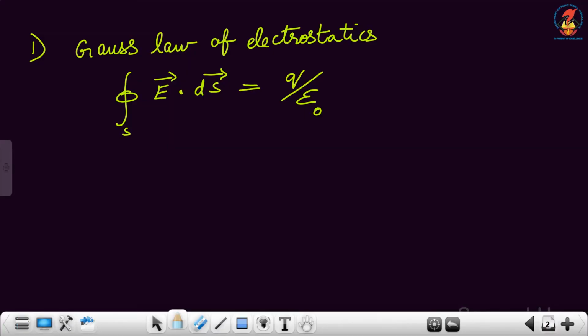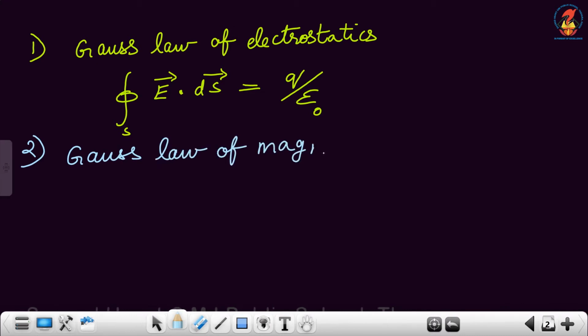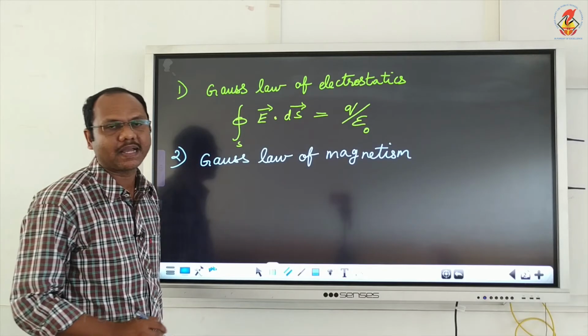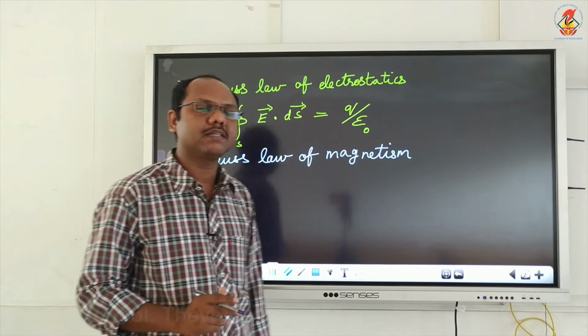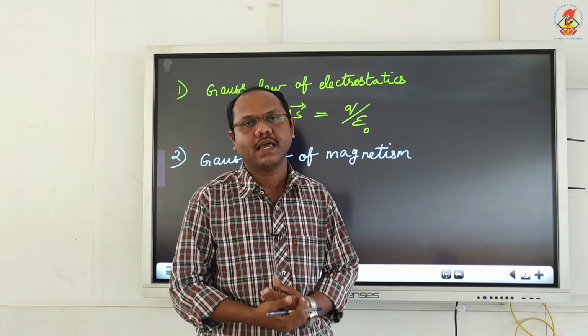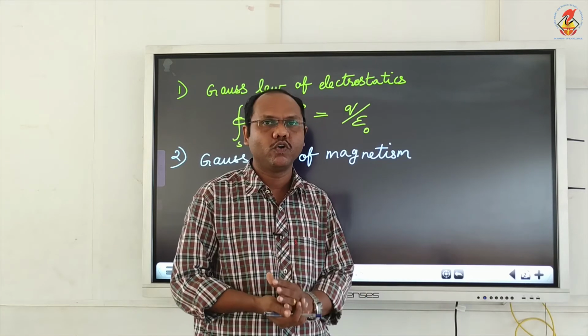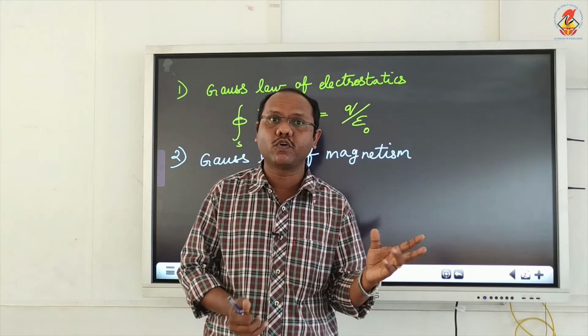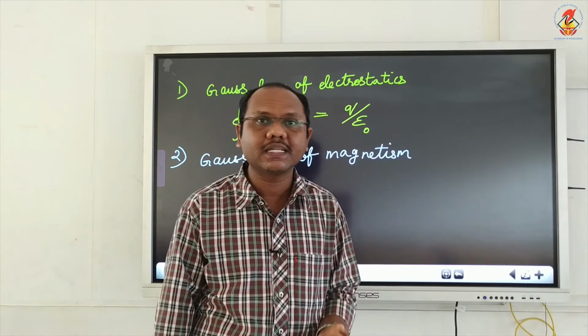Now, the second Maxwell's equation is Gauss law of magnetism. Gauss law of magnetism states that the surface integral of magnetic field around a closed surface is 0, because we studied in chapter 4 that magnetic monopoles do not exist.